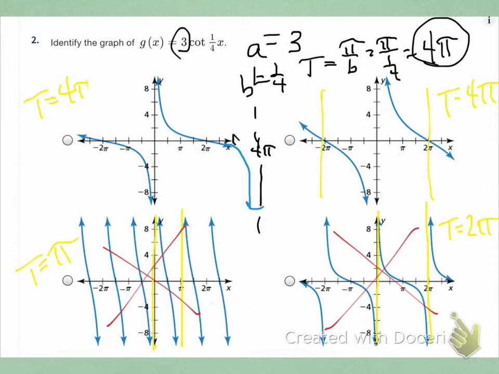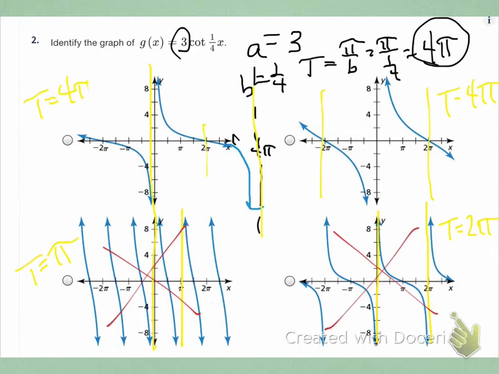Now, how can I tell which one the correct one is? Well, we've already checked for the period, and the period matches, so what do I need to look at? I need to look at that A value and see which one has the right A value. So take a look at this one. I need my cycle so I can see one complete curve. So we're going to look at the cycle right here.